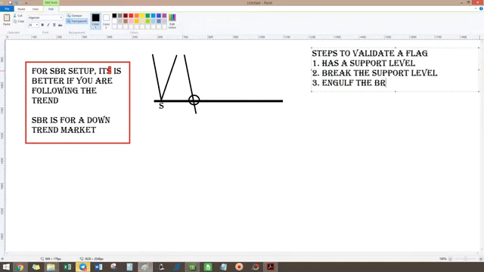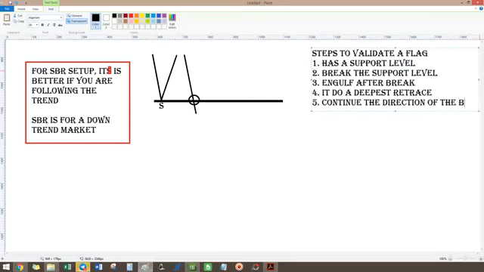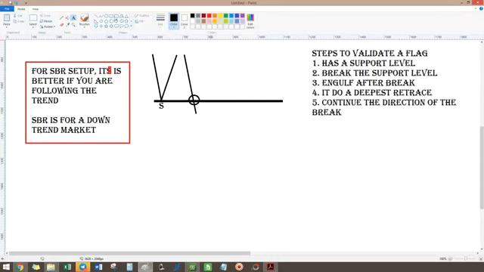It engulfs after the break. Fourth, it does a deepest test. Fifth, continue the direction of the break. So these are the steps to validate a flag.